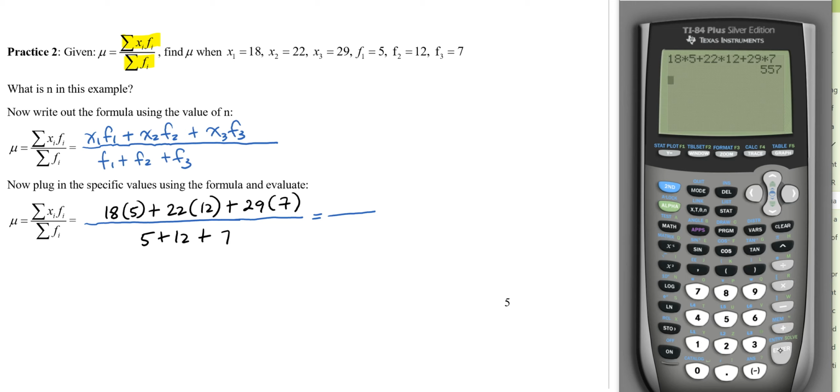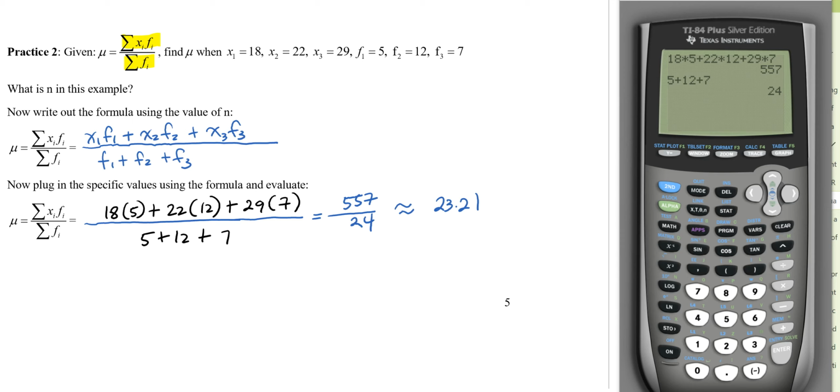The denominator is 5 plus 12 plus 7, which is 24. So at this step, you can write down one extra step, 557 over 24. You can type it out, and you get approximately 23.21.